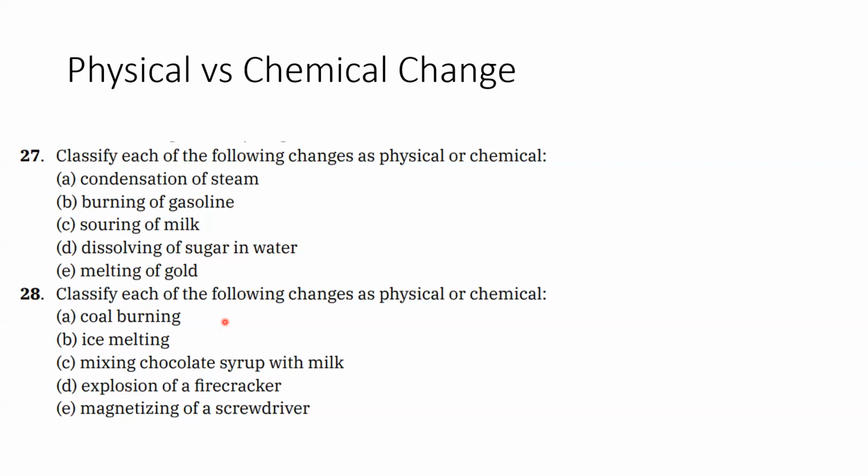All three of those are going to be examples of physical changes, just because they're phase changes where we're only changing what that state of matter is, but not actually what that substance is. So with the case of steam, it was H2O to start, H2O at the end. It just went from a gas to a liquid, or melting gold went from a solid to a liquid, ice melting, same idea.